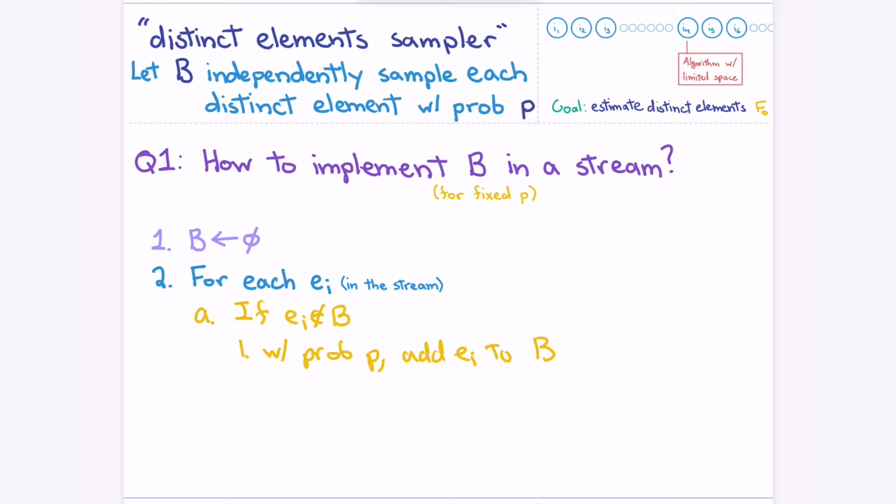The first element comes in, you basically have to sample it with probability p. What if e_i is in B? Just skip this element? Okay, so then this is the whole code.